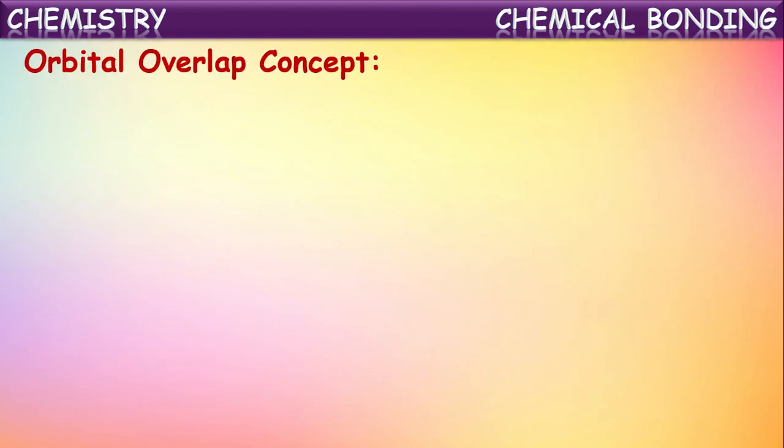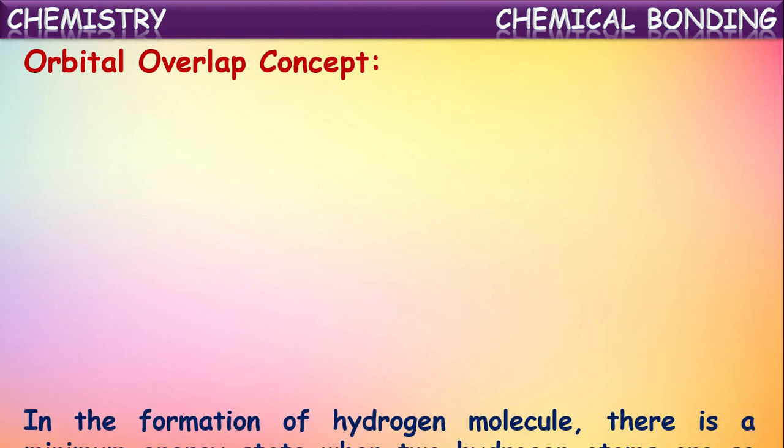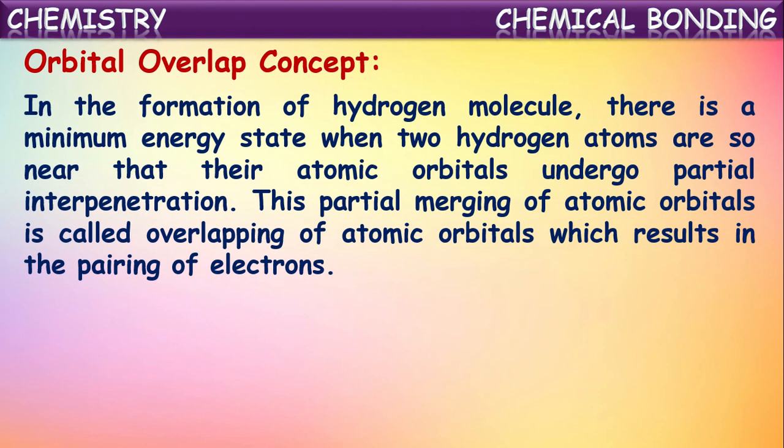Now let us see the orbital overlapping concept. In the formation of the hydrogen molecule, there is a minimum energy state when two hydrogen atoms are so near that their atomic orbitals undergo partial interpenetration. Okay, in the formation of the hydrogen molecule, what happens? Two hydrogen atoms approach each other.